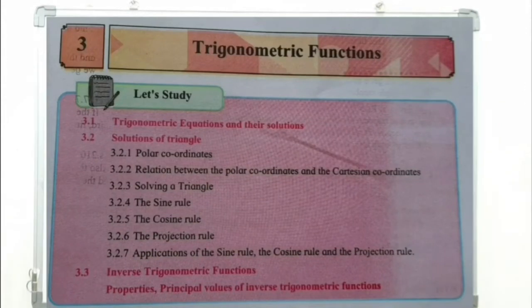Then the second point is solutions of triangle. In solutions of triangle there are some subtopics also, that is polar coordinates. We know that polar coordinates means r and theta. In terms of r and theta we can express a point. Then the relation between polar coordinates and Cartesian coordinates.